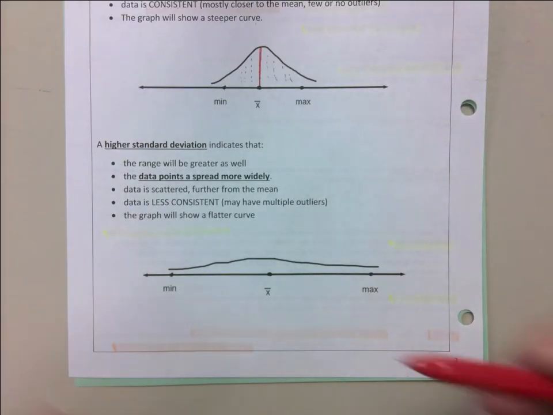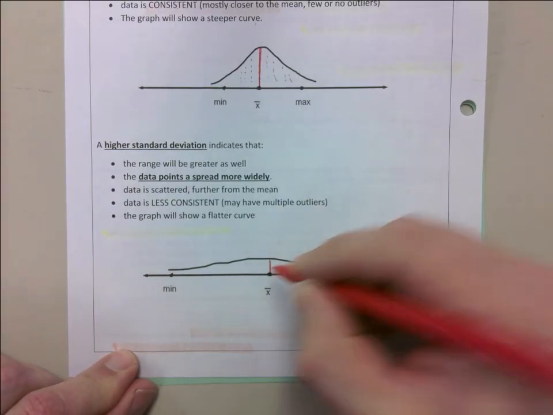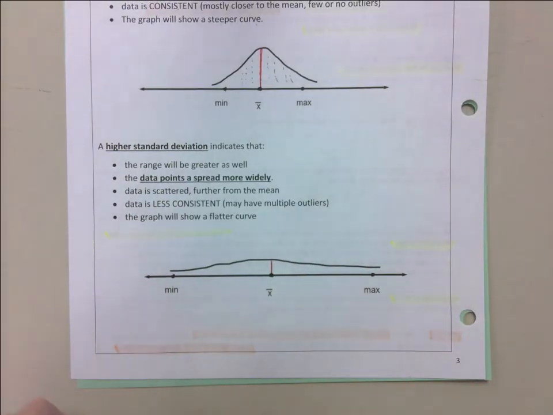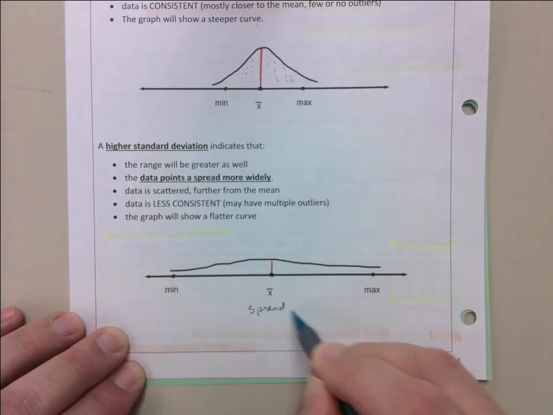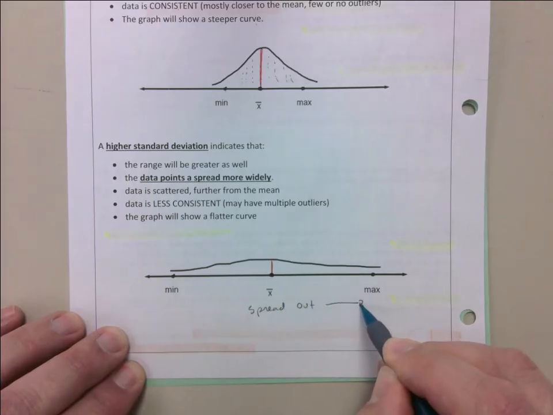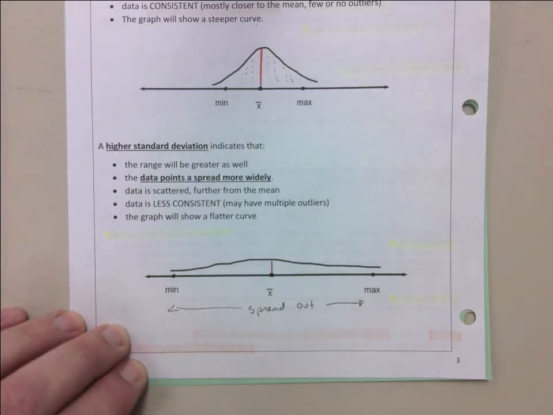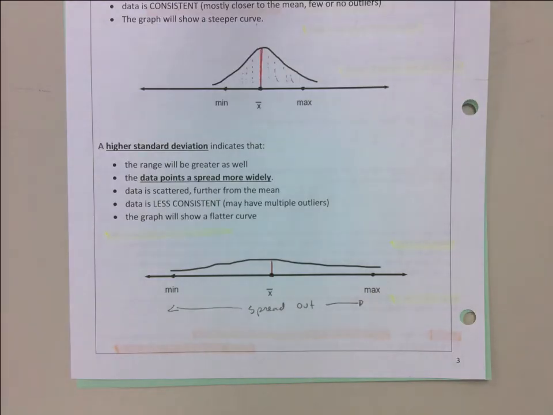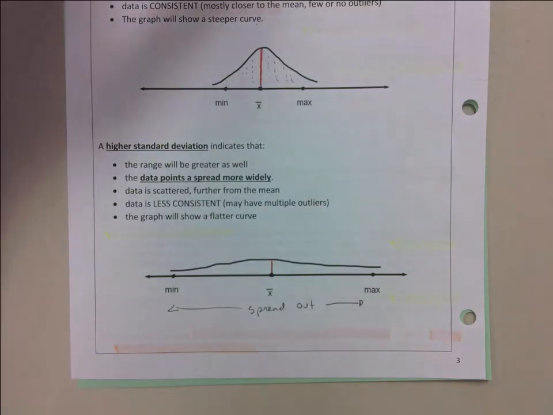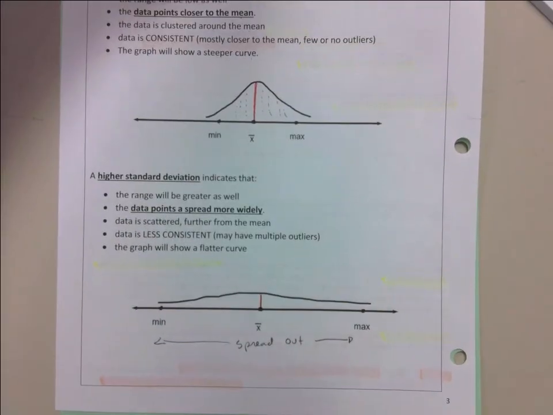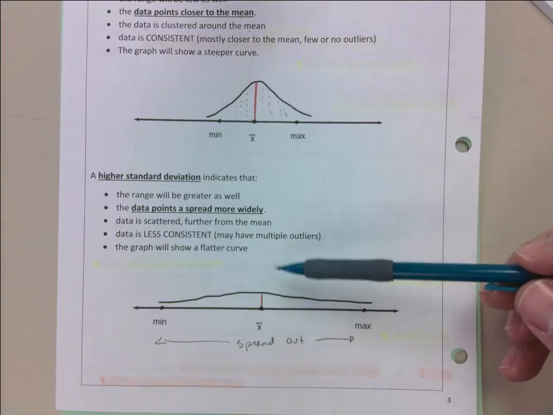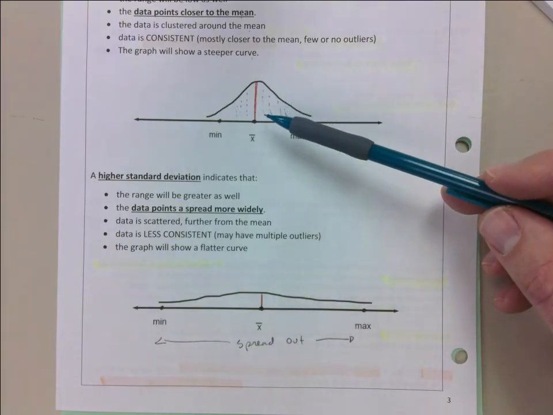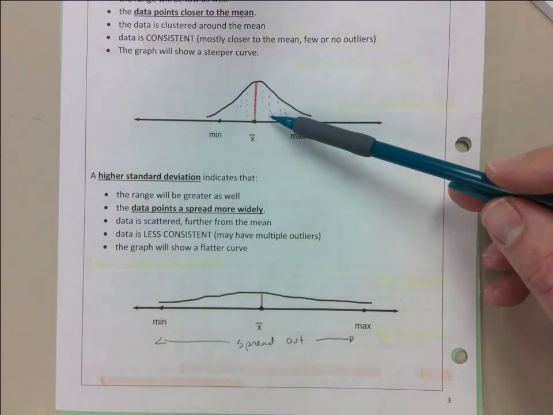Okay, so here's your mean. Okay, and so we have things spread out, so spread out, and I'm just going to go arrows. It's kind of like flatter outside. Okay, so for an athlete, for example, if you're into sports, let's say you keep track of free throws in basketball.